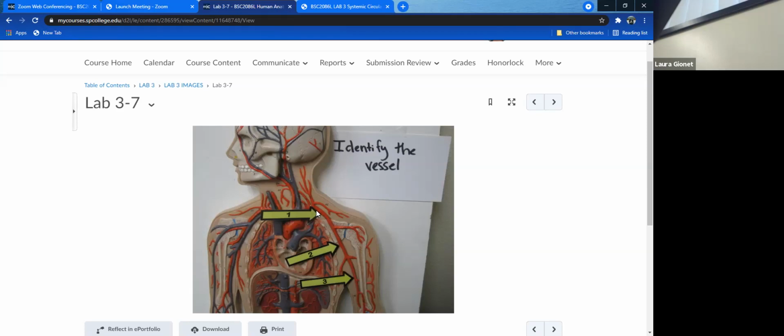1 is pointing to an artery, 2 is pointing to an artery, 3 is pointing to an artery. So 1 is pointing to the subclavian artery, 2 is pointing to the axillary artery, and 3 is pointing to the brachial artery. This is a kind of a hint. You see the glenohumeral joint here, not the fold in the skin of the armpit, but where the proximal end of the humerus is articulating with the glenoid fossa, right?